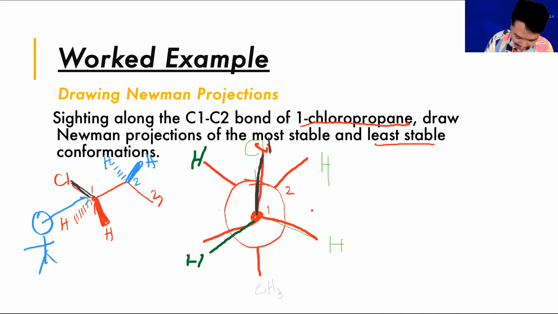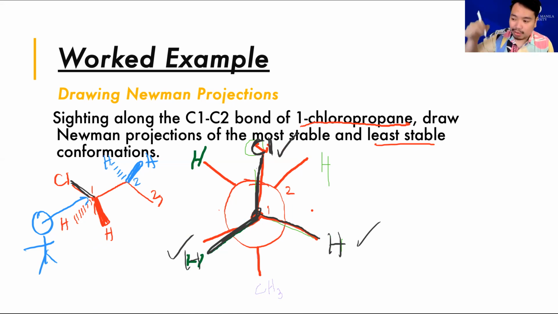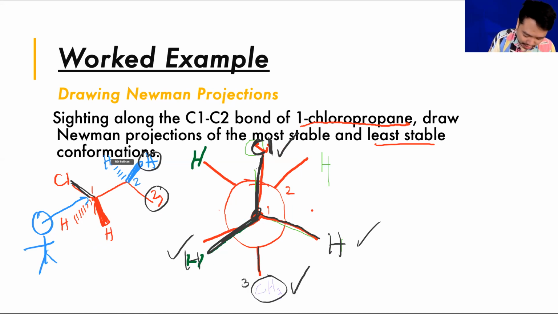So there's a chlorine up here. And then to the right and to the left, going downwards, everyone also put from this central dot these hydrogens. Correct. And then on the carbon to the back, the large hollow circle, the next thing I saw was a line going vertically down, and someone immediately put the CH3, which represents carbon number 3. It's correct. And then going upwards are these two hydrogens, upwards to the right and upwards to the left.